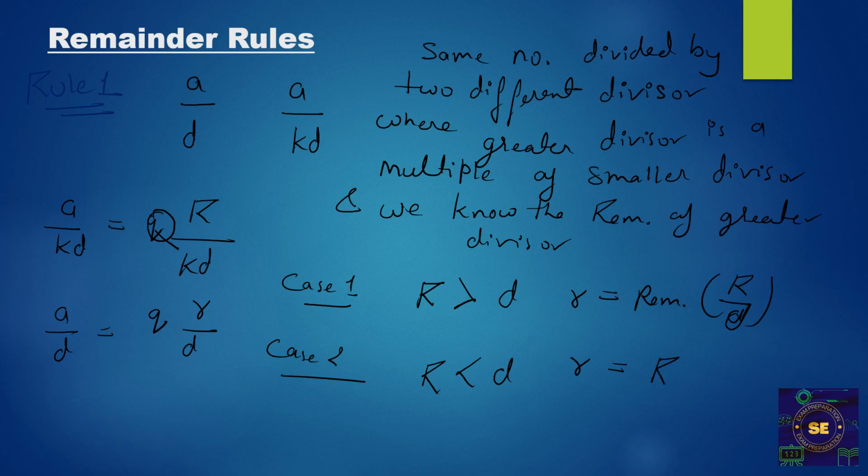So the smaller remainder will be equal to the greater remainder. Let's take some questions so that you can understand it more clearly.